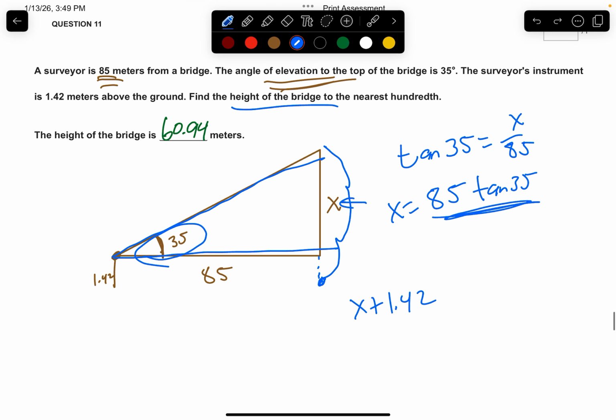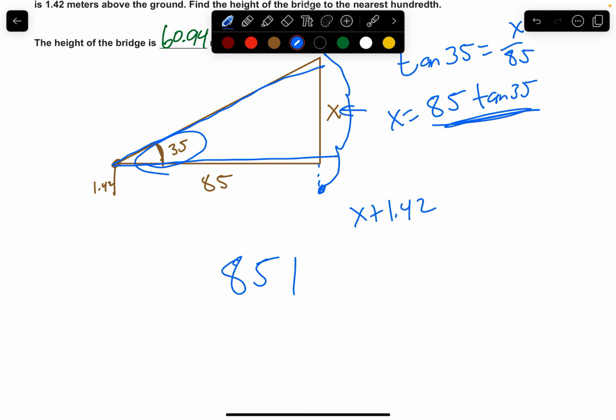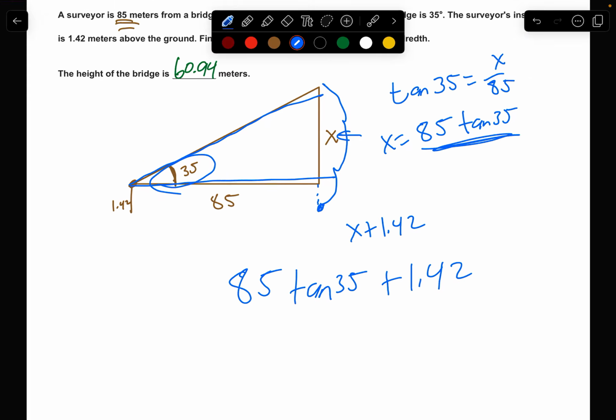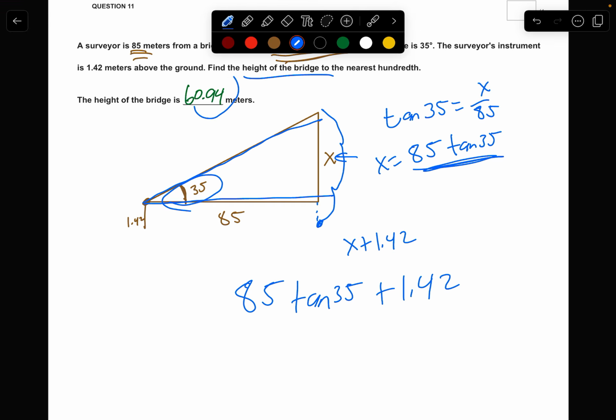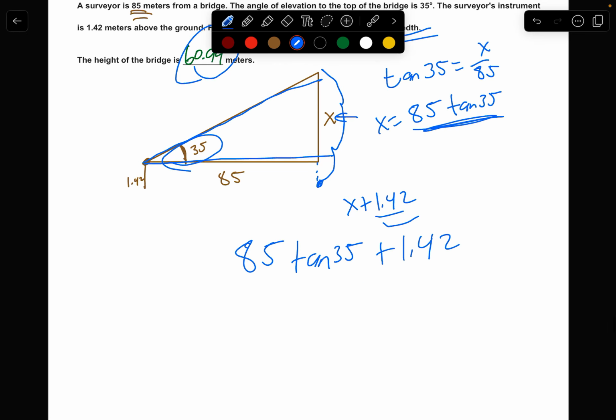So in our calculator, we're going to type 85 tan 35 plus 1.42. And I get 60.94 if we're rounding to the nearest hundredth. Woo! So don't forget that 1.42.